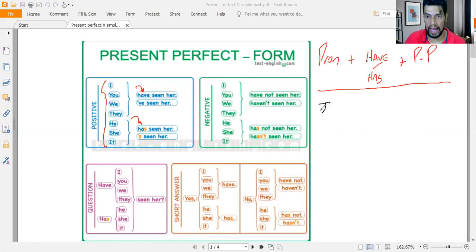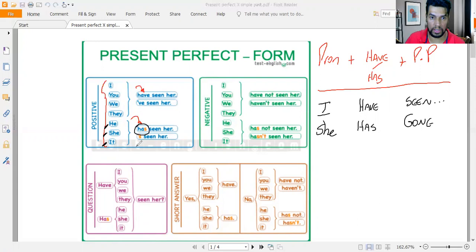So I say, I have seen. She has gone. Okay? So I'm so sure that you remember that with he, she, it, the auxiliary is has. He has, she has, it has, and past participle.